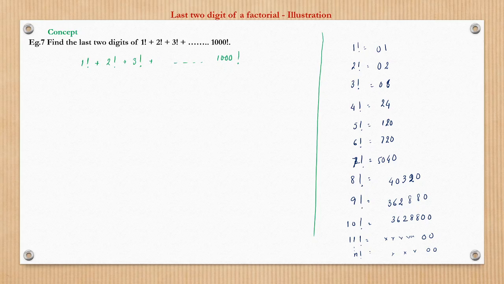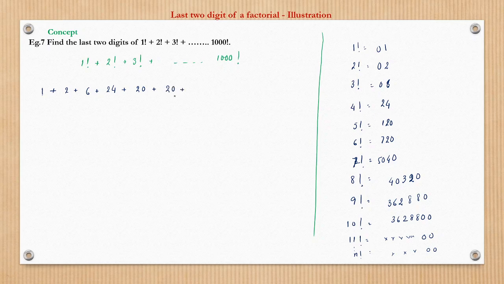So let us solve this. 1 factorial is 1, 2 factorial is 2, 3 factorial is 6, 4 factorial is 24. 5 factorial is 120, so we retain only 20. 6 factorial is 6 into 20, which is 120, so we retain 20 only.